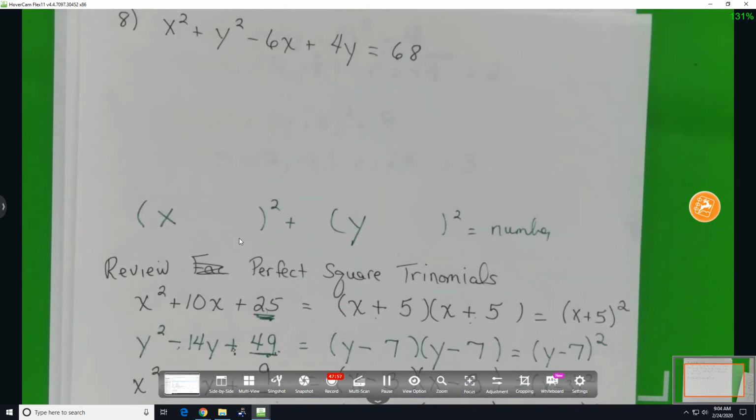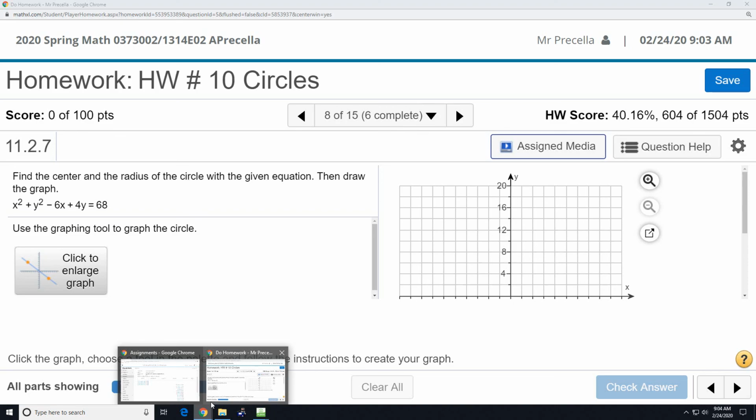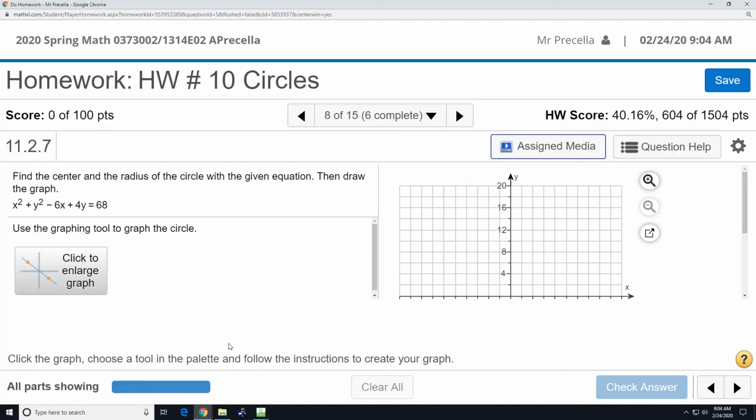Okay, so let me write down number 8 on a clean sheet of paper. Here's number 8.